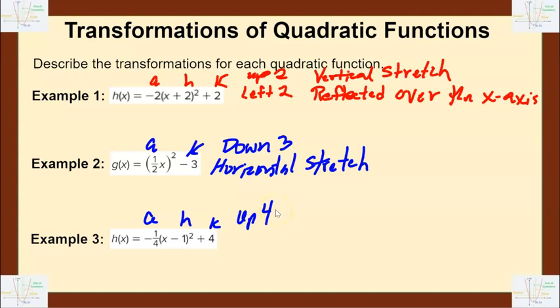The 1 tells us this is going to the right 1. The a is on the outside of the parentheses, so this is vertical. And since the absolute value of negative 1/4 is a positive 1/4, it's less than 1 for a vertical dilation, which means it's a vertical compression.